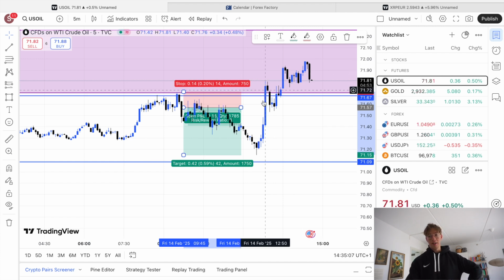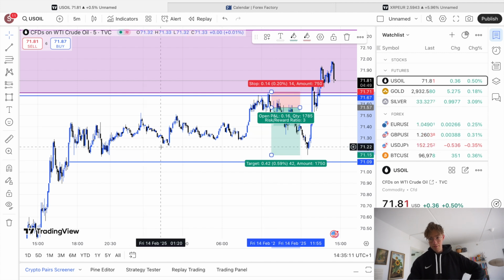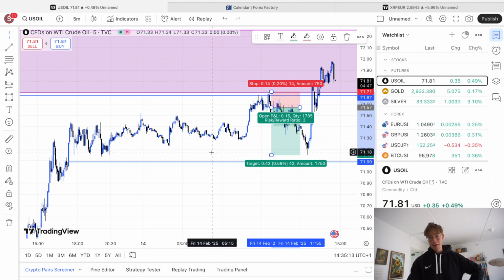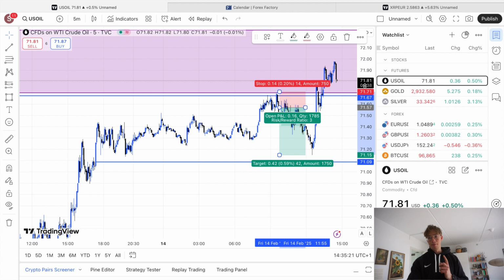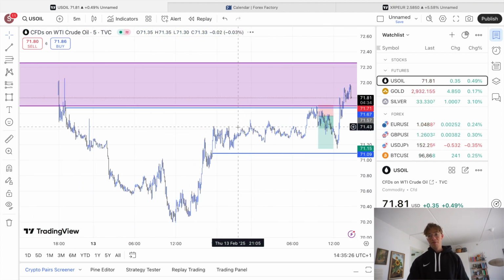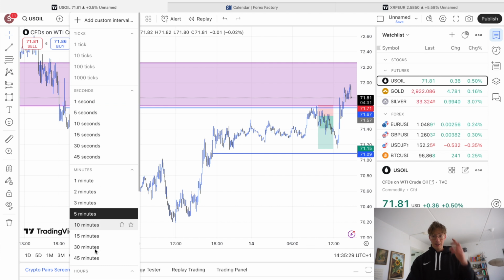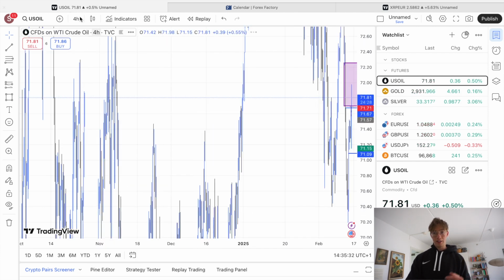Because as you can see we got stopped out right here, and that's probably, we took out this liquidity right here, and then we had a break of structure to the upside. Because we see on the 4 hour, we can actually see it on the daily.